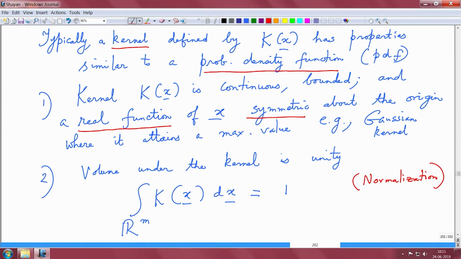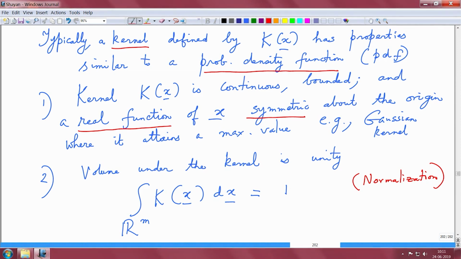Okay. But since we want well behaved functions, we also want to endow these kernels to be continuous, bounded, and these properties, right. In general, just having a real function which is symmetric about the origin may not completely suffice.